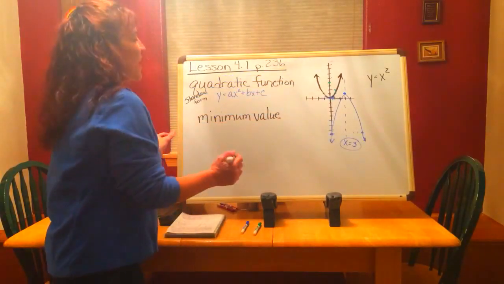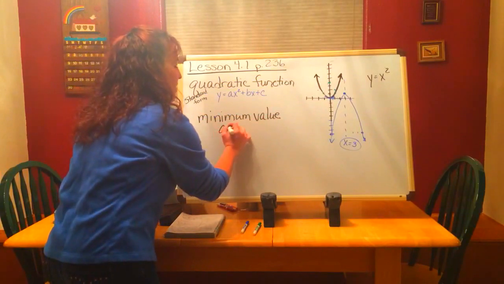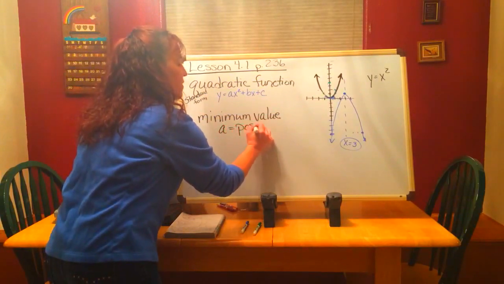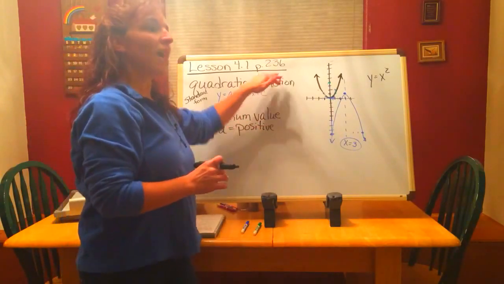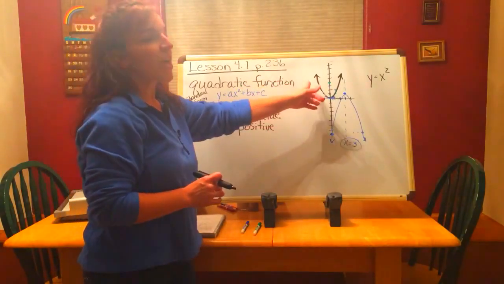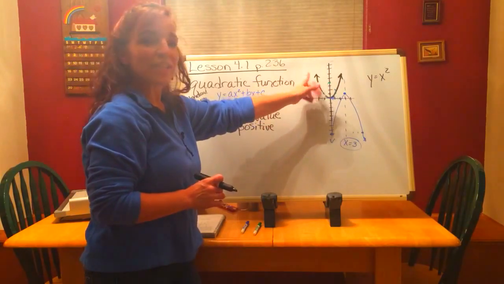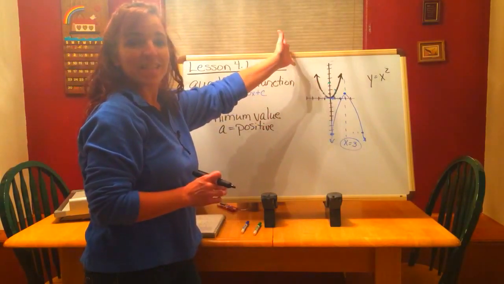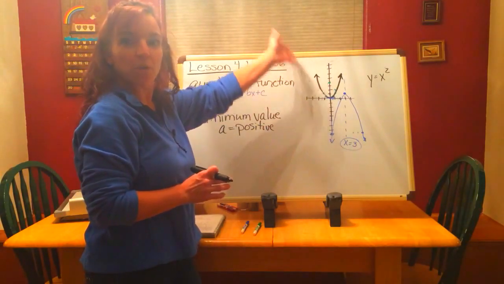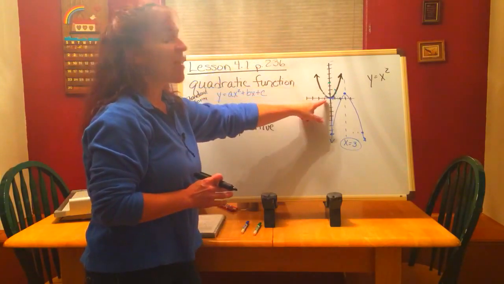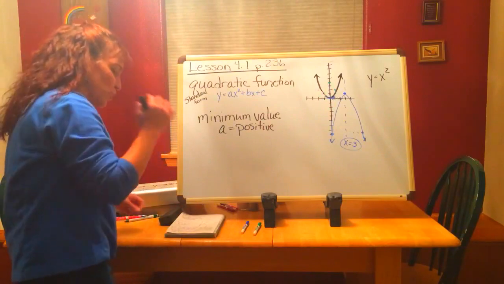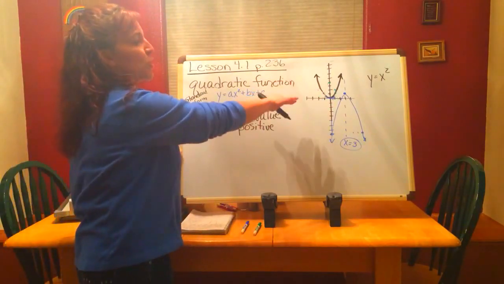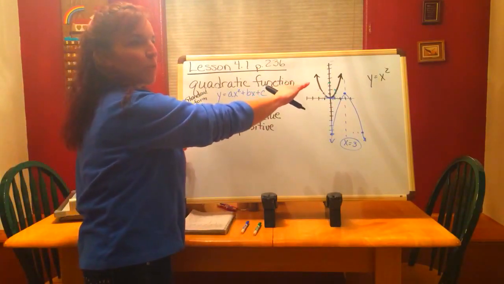So in other words, if the A is positive, then that parabola will have a minimum value. The maximum values, if you see the arrows indicate that the parabola is going to continue forever. So there is no maximum value. It goes on to infinity. But it does have a minimum value, and that's the place of turning, or that's the vertex. So that's going to be the lowest point of your parabola.